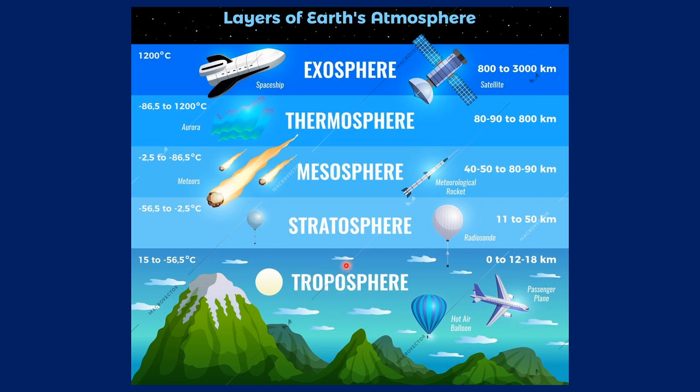Immediately followed by the troposphere is the stratosphere, which extends from about 11 to 50 kilometers, and the temperature ranges from minus 56.5 to minus 2.5 degrees Celsius.